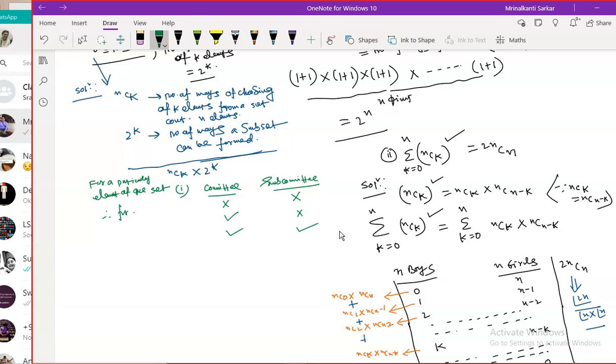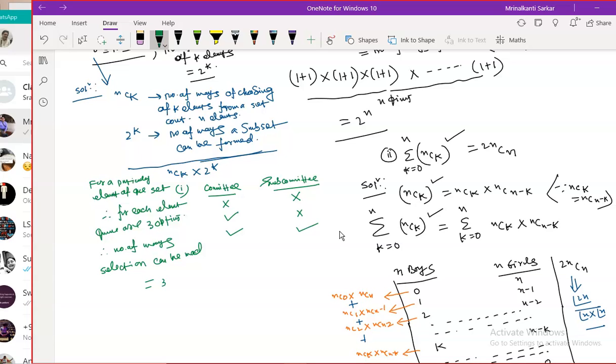Therefore, for each element there are three options. Therefore, the number of ways selection can be made: how many?